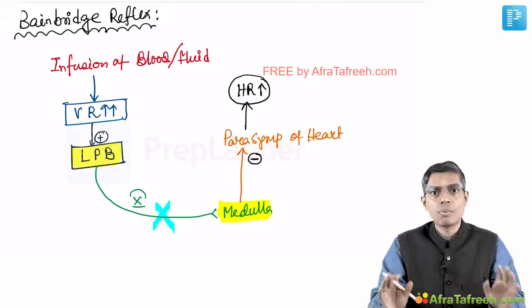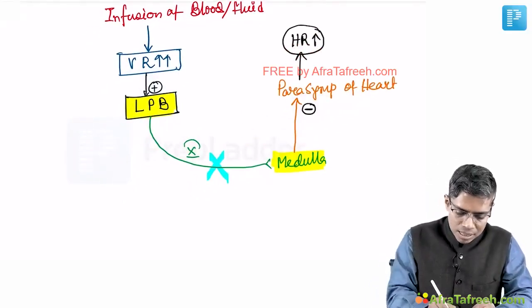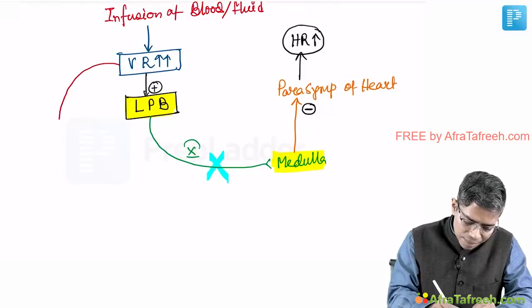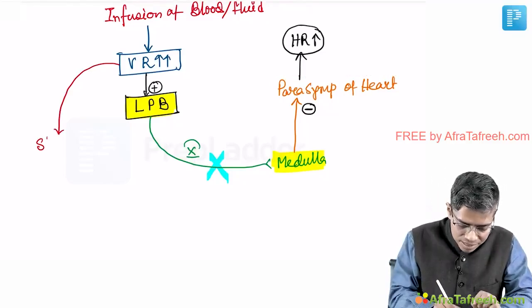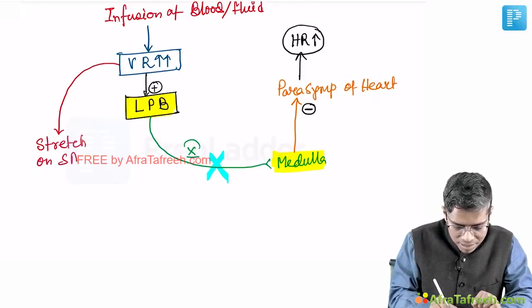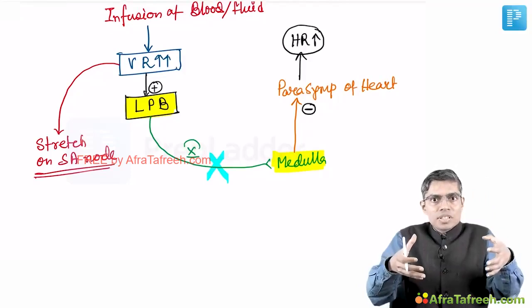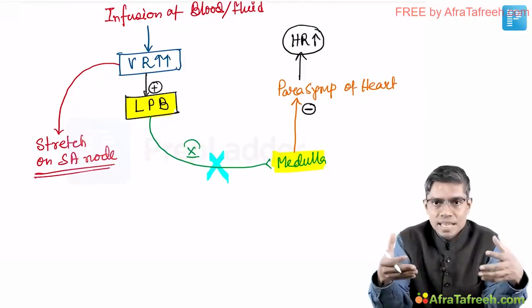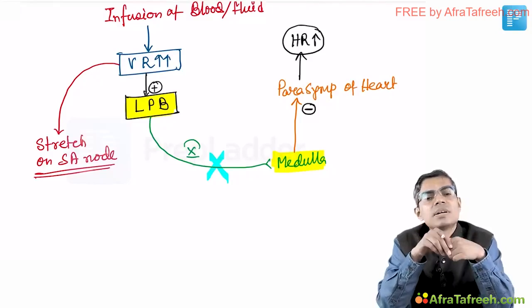Why? You know that due to any condition, if your venous return is high, there is a secondary effect, and that secondary effect is direct stretch on the SA node, which is located at the level of the right atrium. I told you the right atrium wall will be stretched, activating the Bainbridge reflex, right? But what about the SA node, which is present in the right atrium?